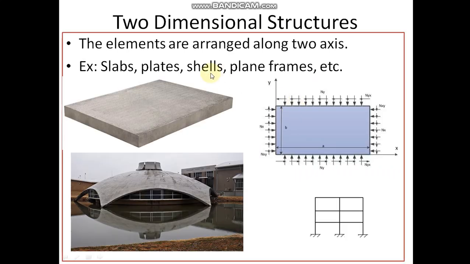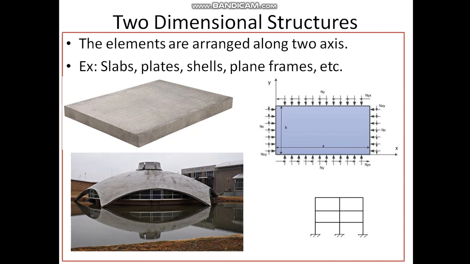If the structure's dimensions are predominant along two axes, then it is called a 2D structure. For example, a slab. A slab has width and breadth very large when compared with its thickness, so it is a 2D element. Similarly, you can have panels used in ships, or you can also consider aeroplanes.